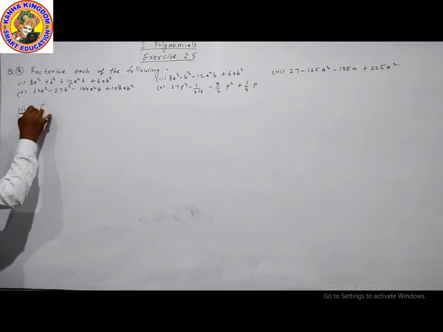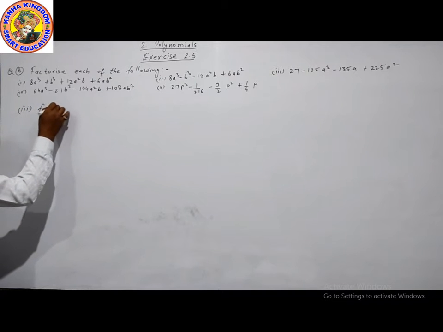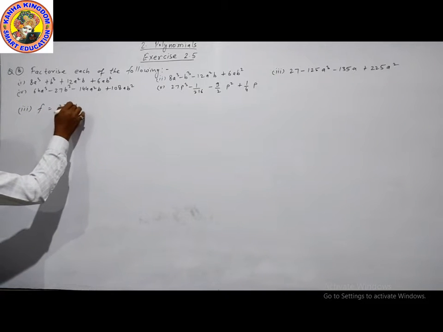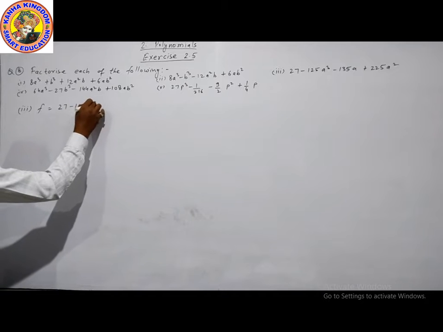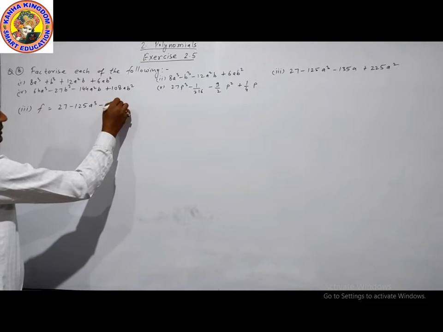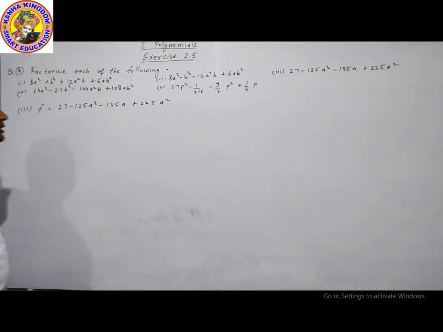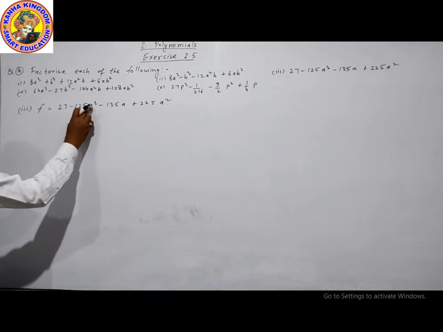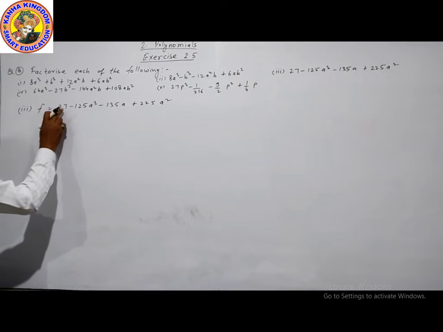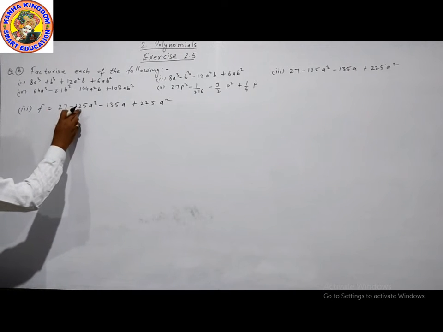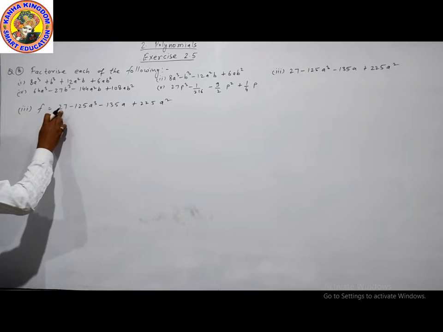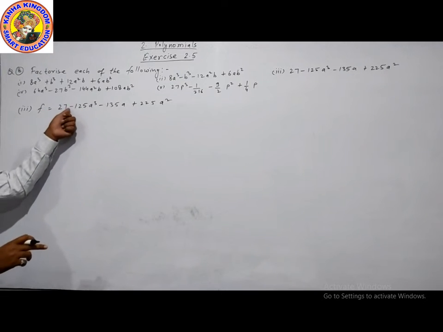The given equation f is equal to 27 minus 125a cube minus 135a plus 225a square. This is our equation. This is a cube, this is 5 cube, this is 3 cube, a cubic equation with minus.